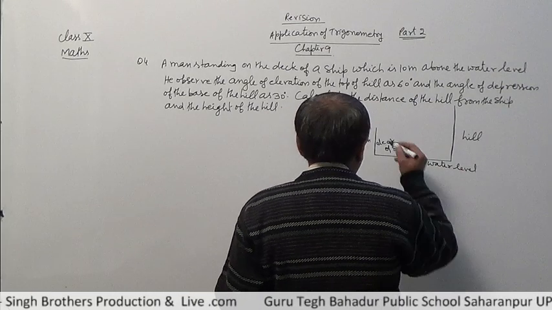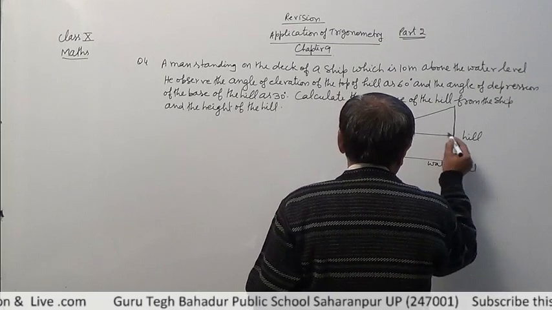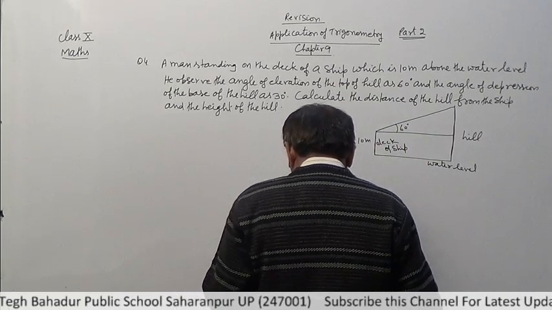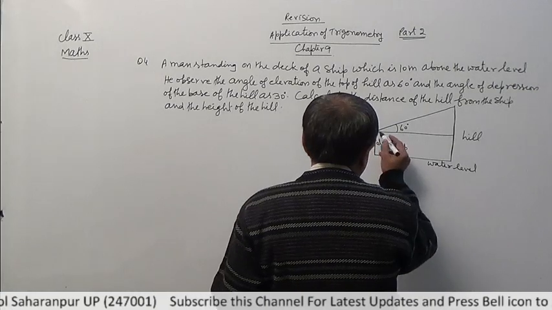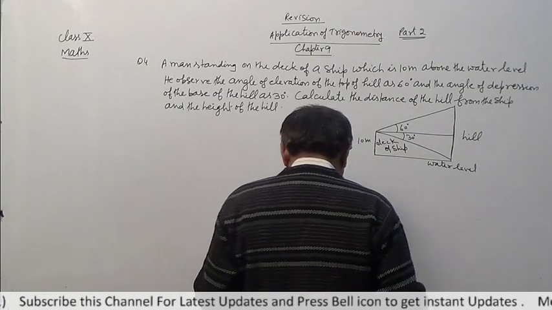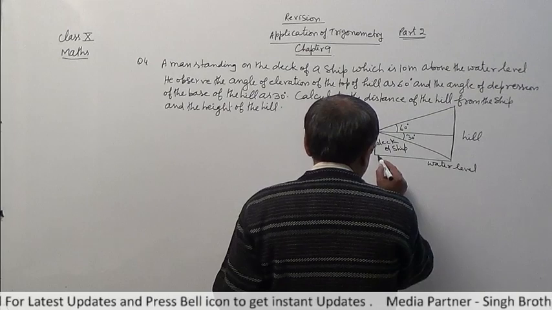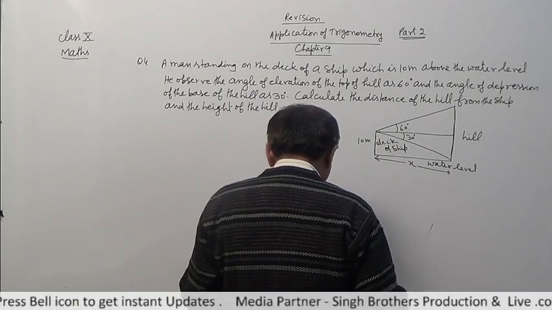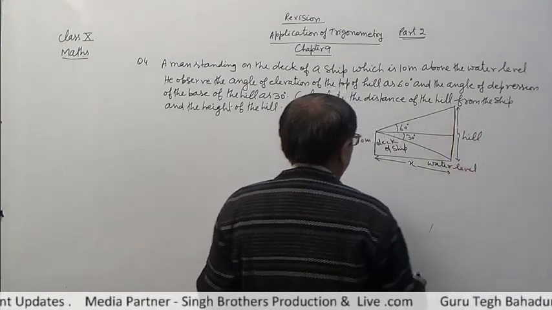The angle of elevation of the hill is 60 degree, and the angle of depression of its base is 30 degree. Calculate the distance of the hill from the ship, this distance, and the height of the hill. This height is to be calculated.